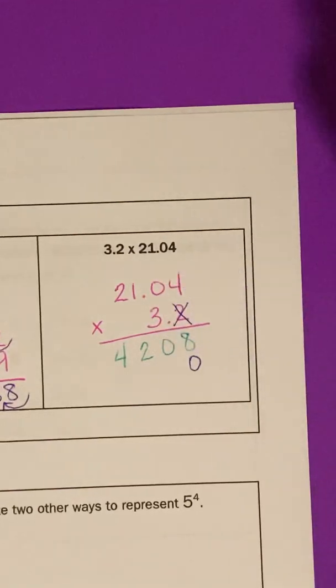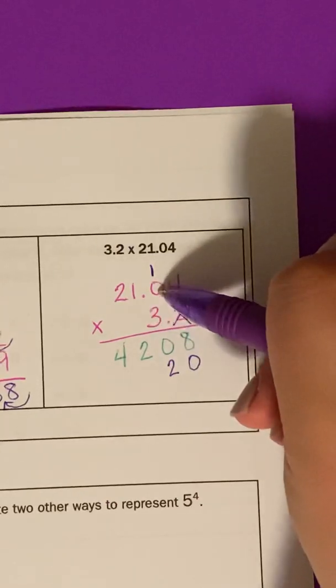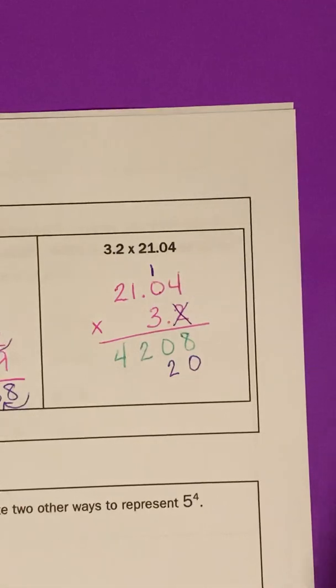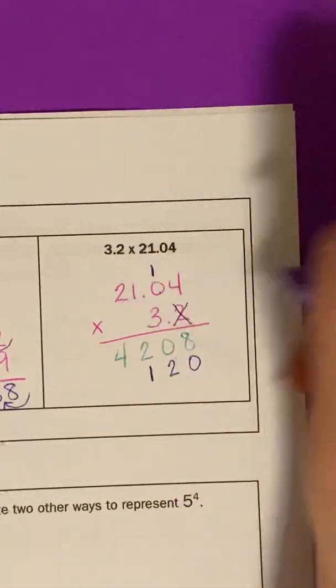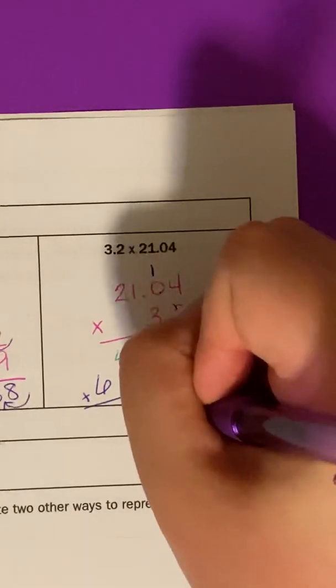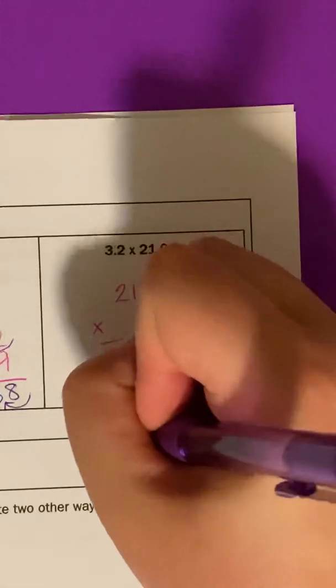So, 3 times 4 is 12. 3 times 0 is 0. Anything times 0 is 0. Plus the 1 is 1. 3 times 1 is 3. 3 times 2 is 6. Let's add here. 8, 2, 3, 4, 5, 6, 7, 6.